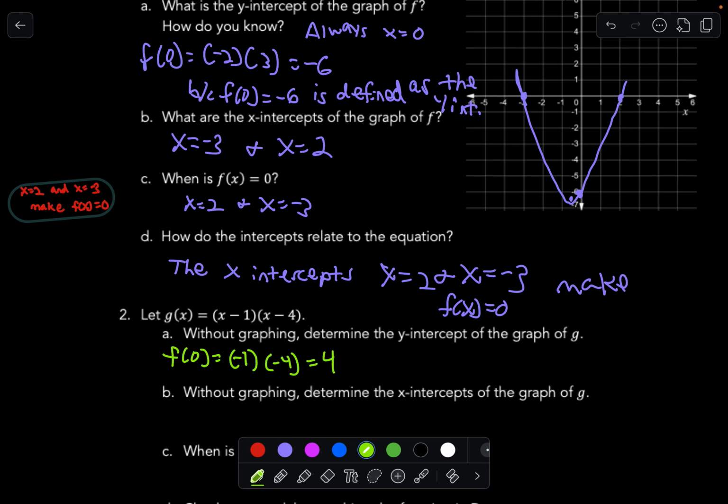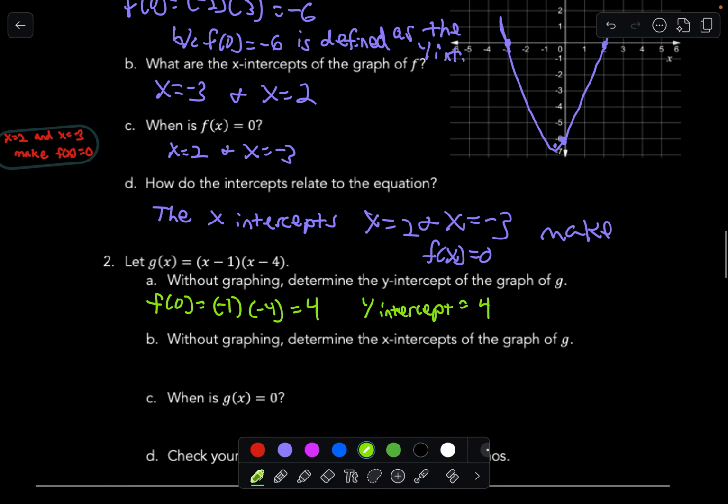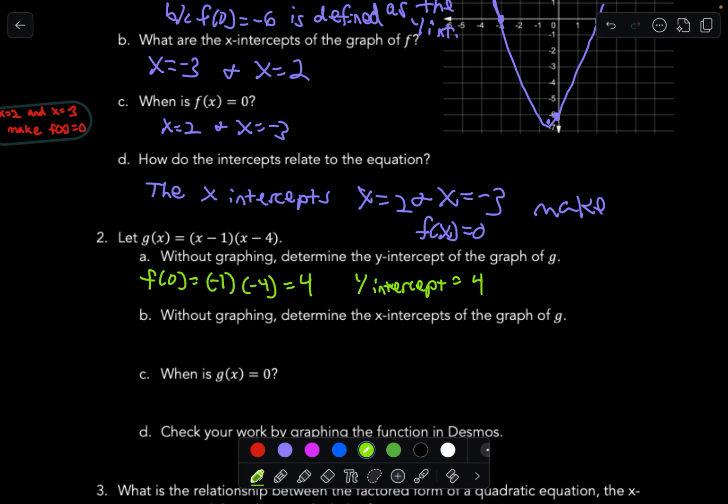So the y-intercept equals 4. Without graphing, determine the x-intercepts. Well, the x-intercepts occur when each factor, the x minus 1 and the x minus 4, are set equal to 0 independently.